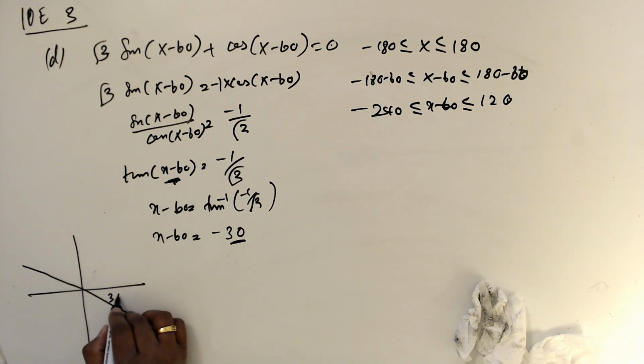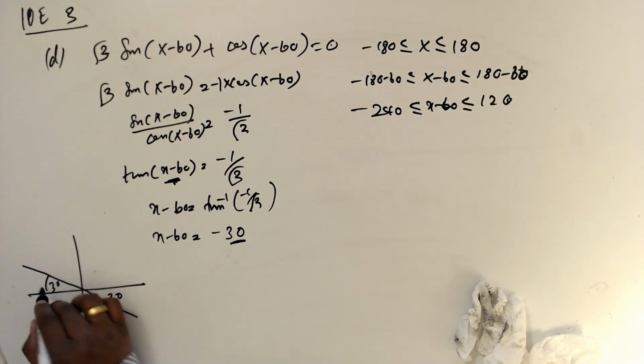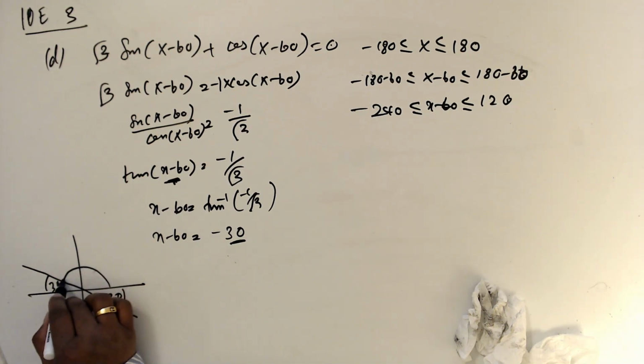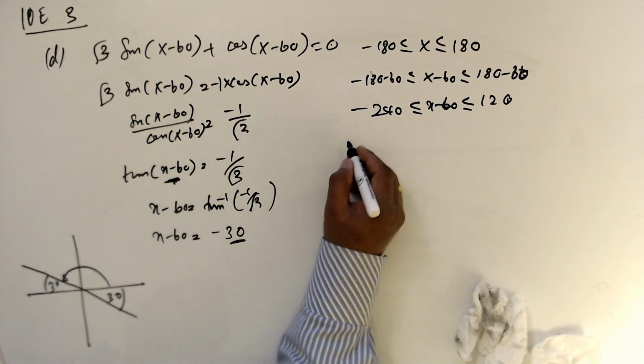So this is 30 and this is 30. Right, so the first answer is this one, x = 150.